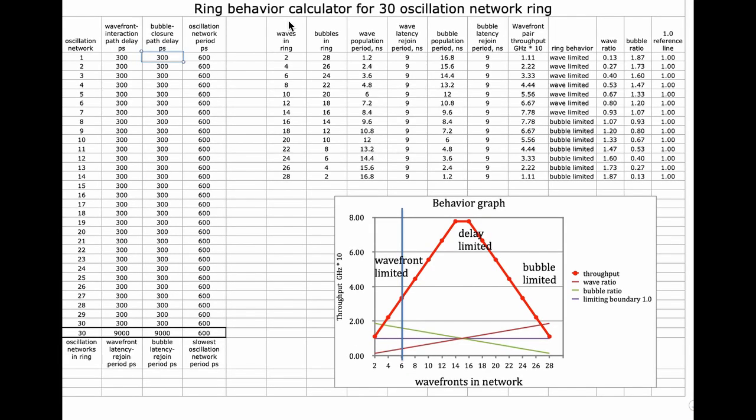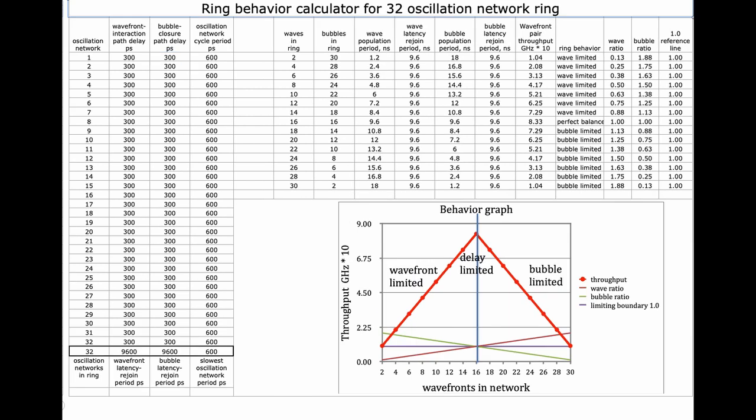A few words about the behavior calculator. It is a spreadsheet. It's available in both Numbers format and Excel format. And the file has other calculators. There's the one for 32 oscillation network rings, so you can see a really symmetric ring that has a single peak, right? This is 16 wavefronts and 16 bubbles at the peak.